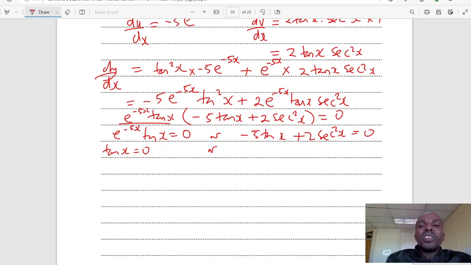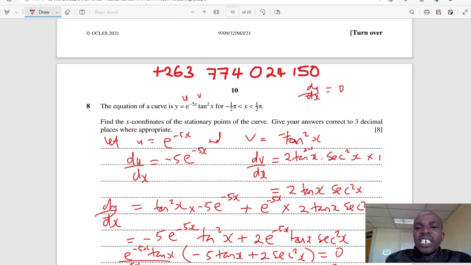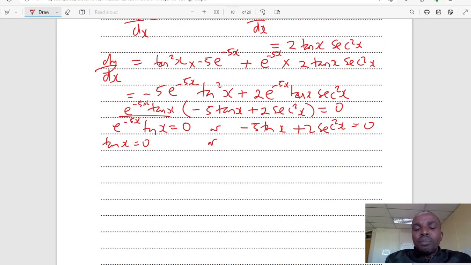Use an identity. You can get a quadratic equation in tan x, right? So sec squared x, based on our identities, is tan squared x plus 1. Is that there in your formula booklet? So for the sec squared, I can put tan squared x plus 1. Minus 5 tan x, then plus 2 times tan squared x plus 1, is equal to 0.